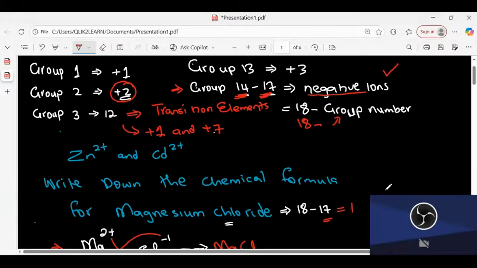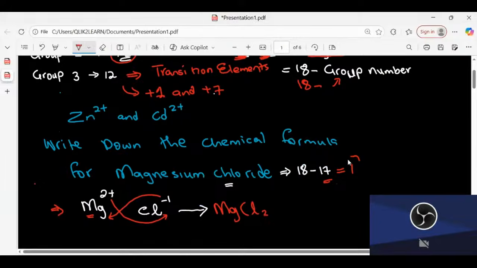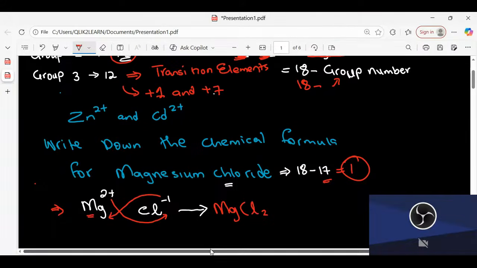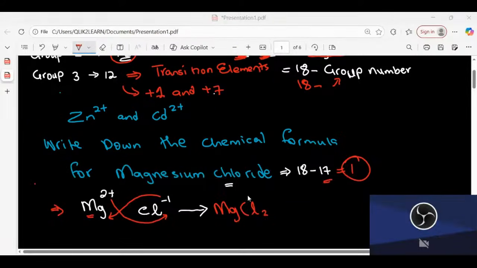So the answer that you get here, 1, you put it as negative because they have negative ions. Is that making sense now? We don't include that negative in the calculation. We include the negative when we write it on top, because remember chloride is between group 14 and 17, so they are negatively charged. Do you guys understand? Thank you.